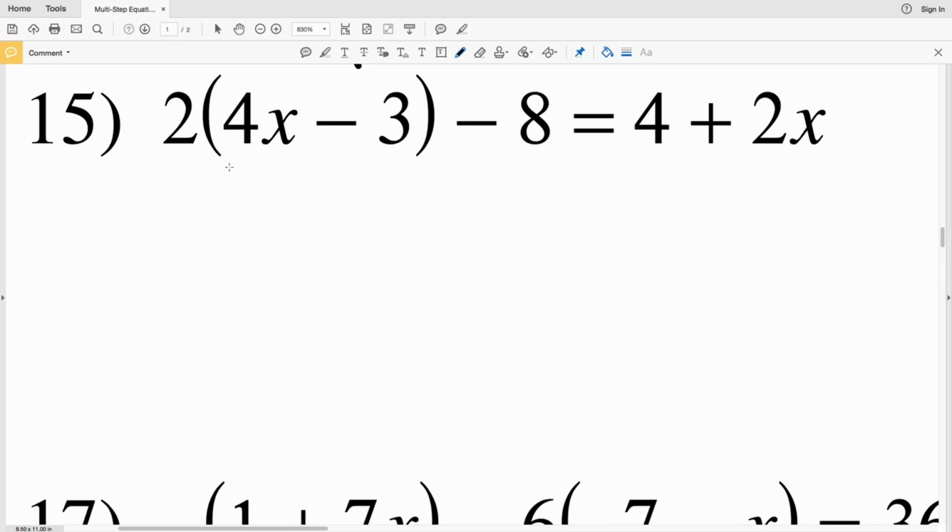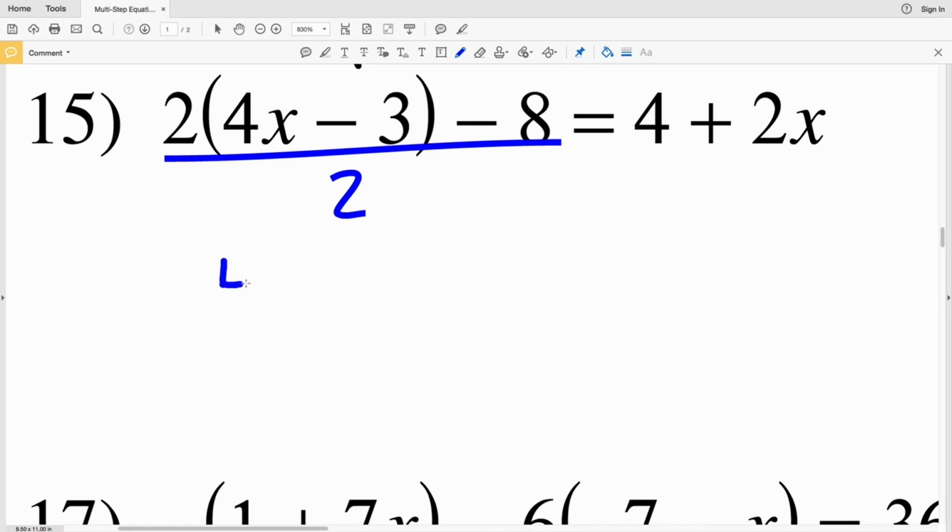So number 15, we have 2 times 4x minus 3 minus 8 equals 4 plus 2x. I'm going to go ahead and start by dividing by 2. I know that if I divide by 2, the 8 is divisible by 2, the 4 is divisible by 2, and the 2x is divisible by 2.